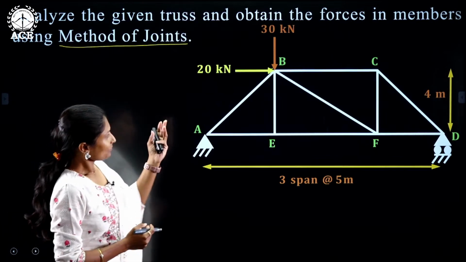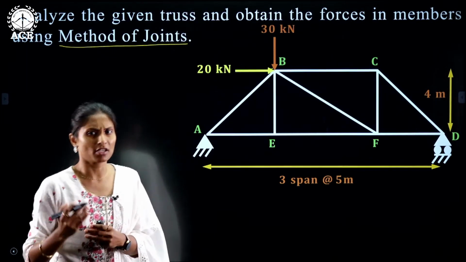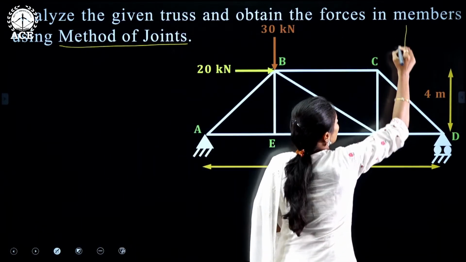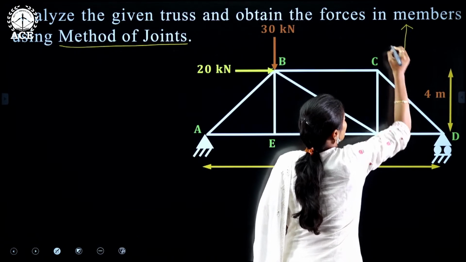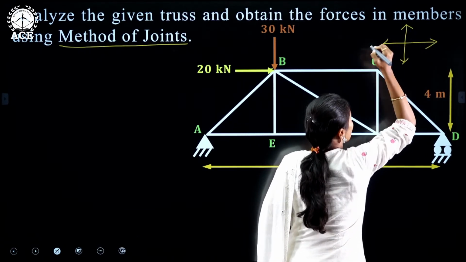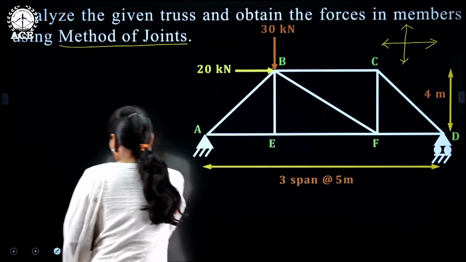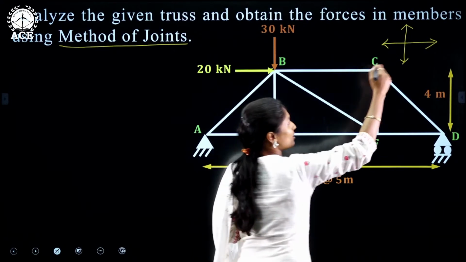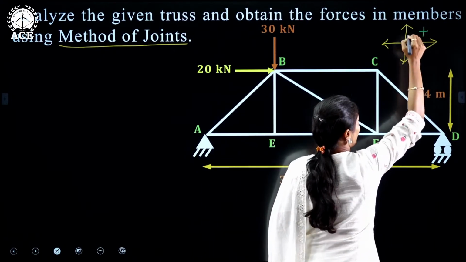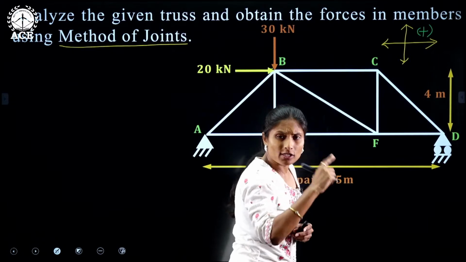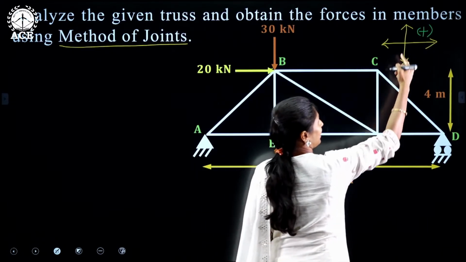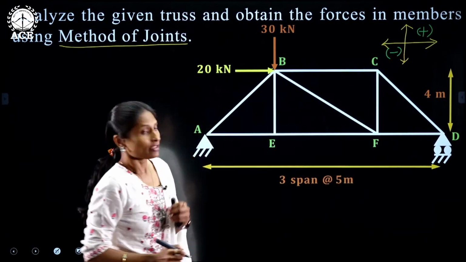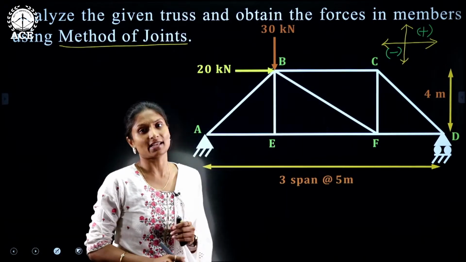Before going into the problem, let me give you the sign convention. I am considering upward acting force and the force acting to the right side as positive, and the force acting towards the left side and the downward acting force as negative. There is no rule that you have to follow this sign convention only.